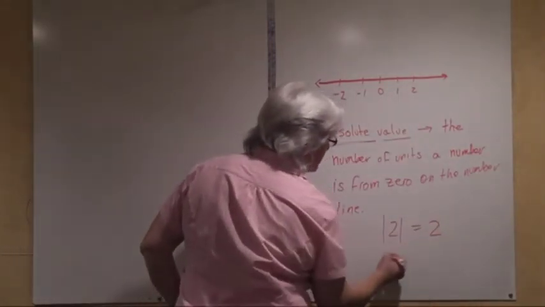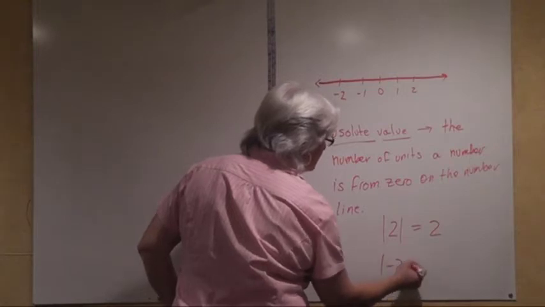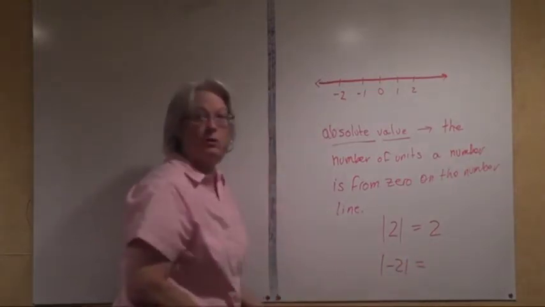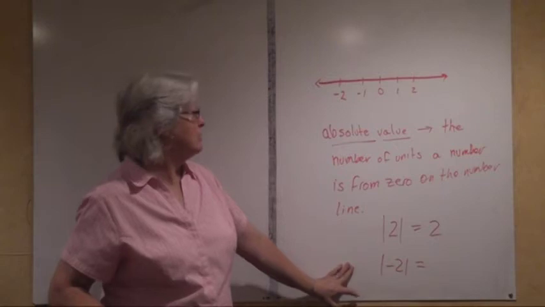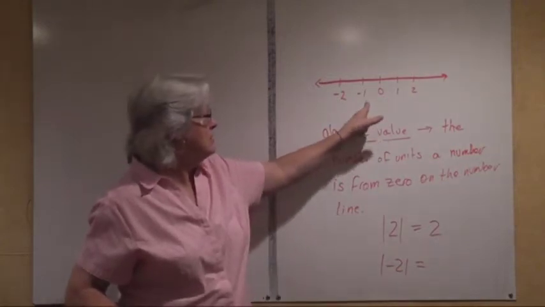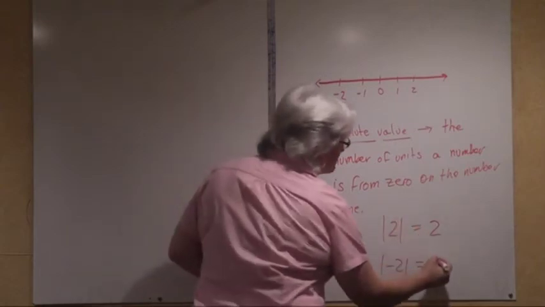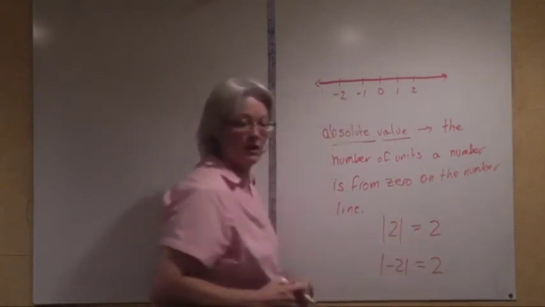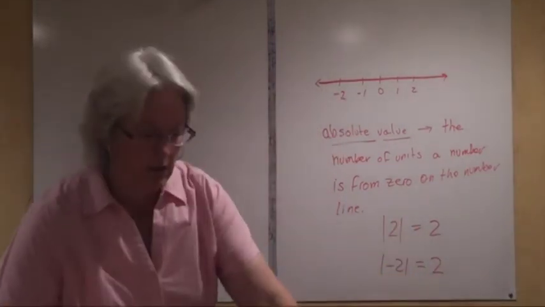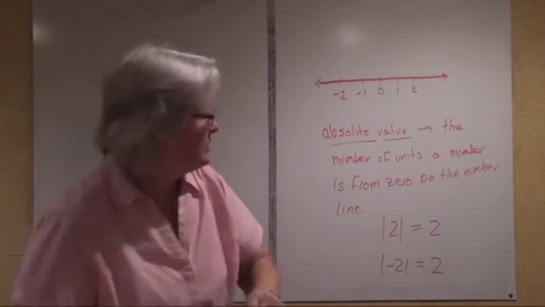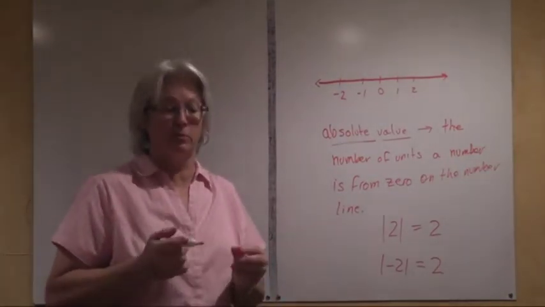How far is negative 2 located from 0 on the number line? How many units? 1, 2. This right here is the huge key point, the key difference of absolute value, and this ought not to be new to you.